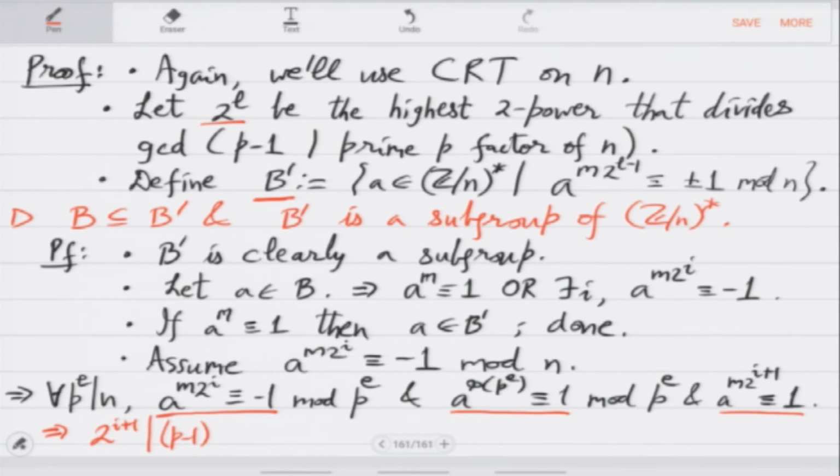Suppose 2 raised to I plus 1 does not divide p minus 1, only 2 raised to I divides, okay, the highest power is only 2 raised to I. So, in that case, A raised to m 2 raised to I should have been 1 as well. Okay, so, if you look at this third property, this tells you that 2 raised to I plus 1 is necessary and sufficient to get 1. Okay, so, p minus 1 has to be divisible by 2 raised to I plus 1.